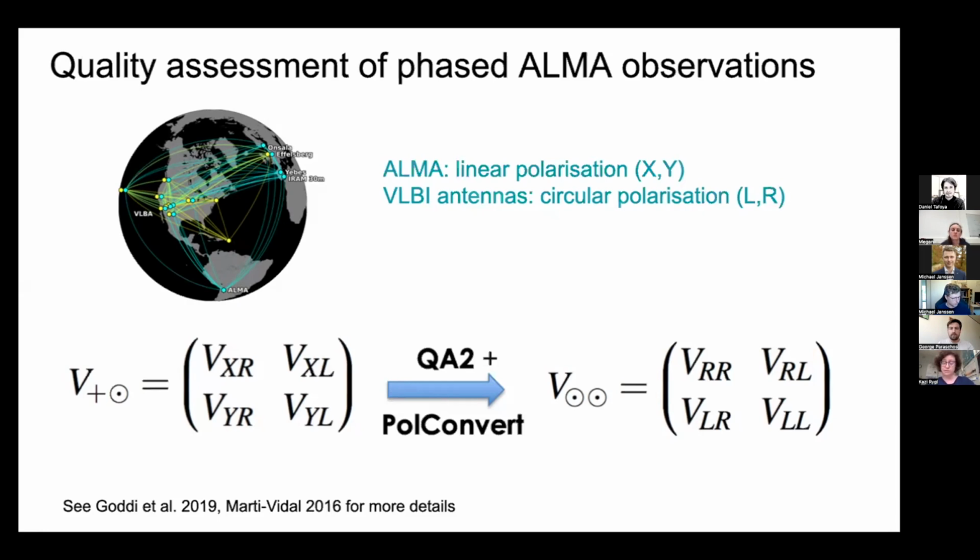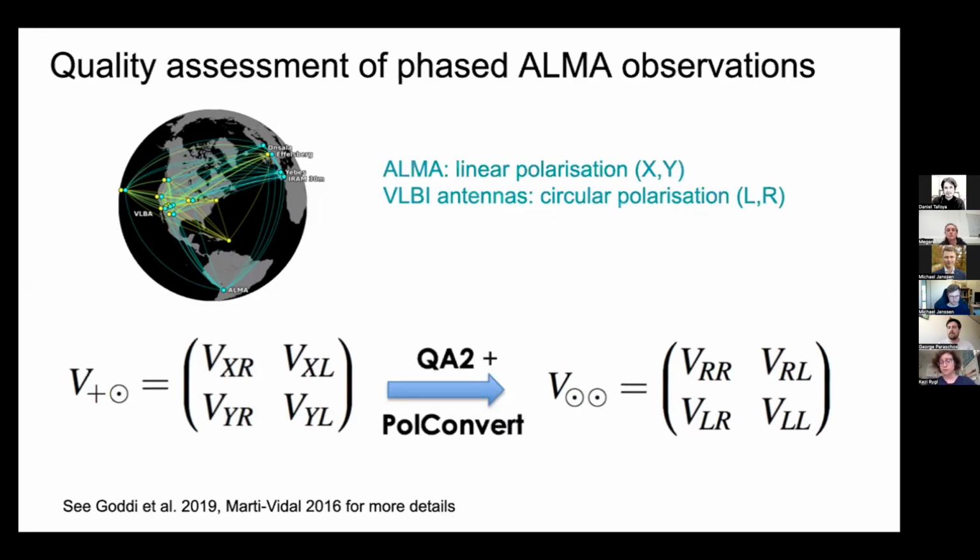So then when phased ALMA is sent to the VLBI correlator and it's correlated with the other VLBI antennas, you get visibilities that are of a mixed polarization basis, as you can see on the bottom left here, this matrix. Now, these kinds of visibilities are very difficult to calibrate.